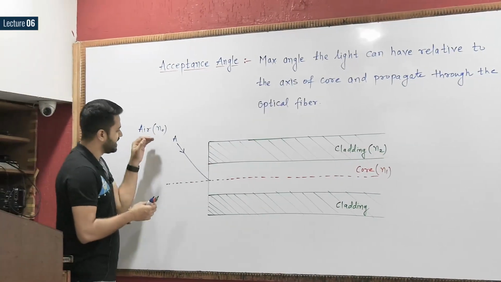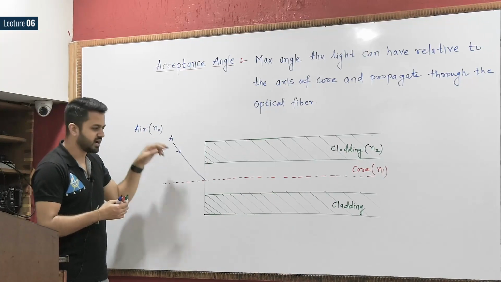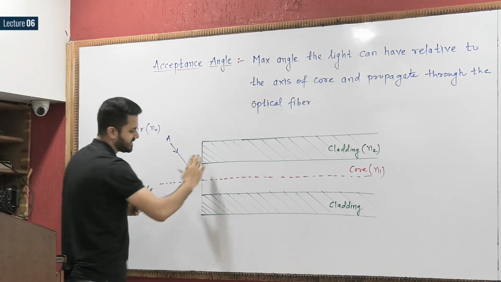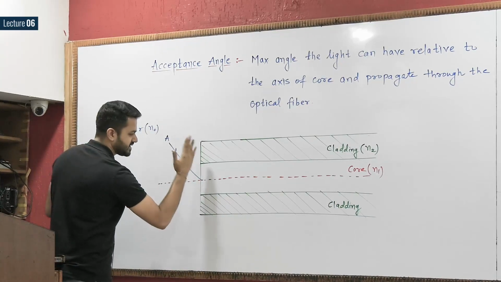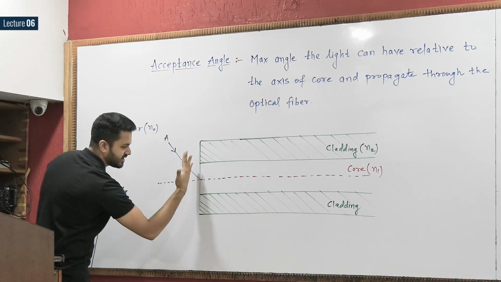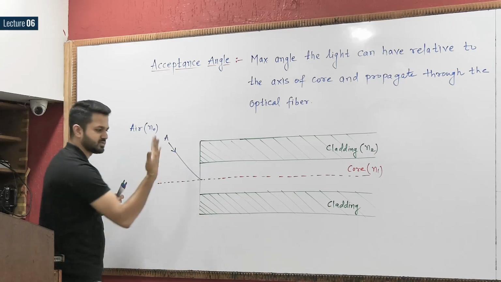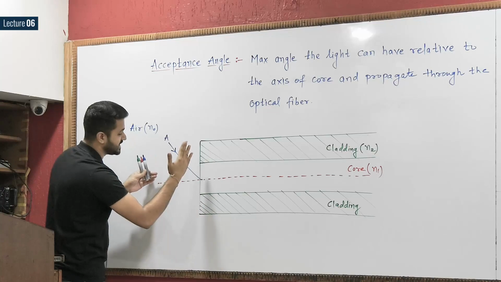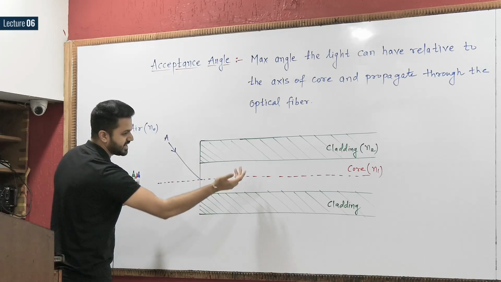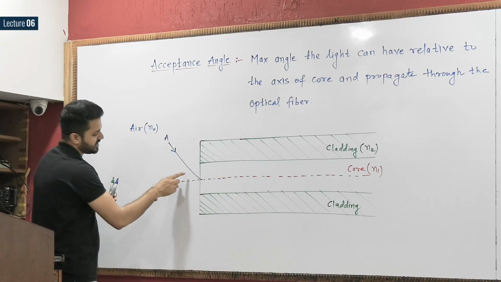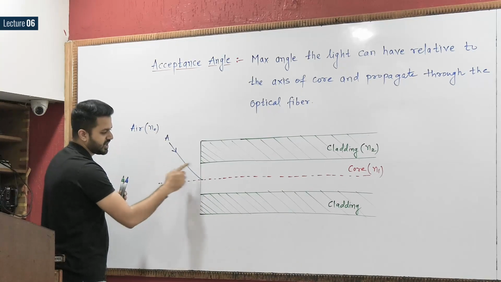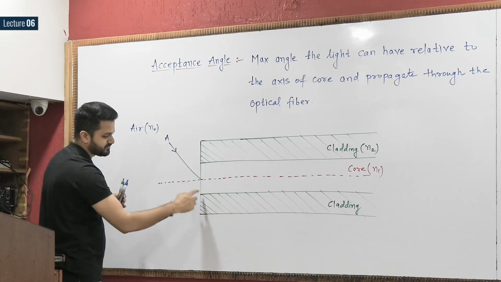Now the light is coming from the air to the core. We have the interface somewhere here which separates the two media. To the left of this interface is air, and to the right it is core. So it is incident from air to core, and this is the boundary.